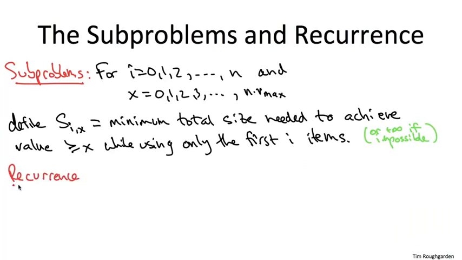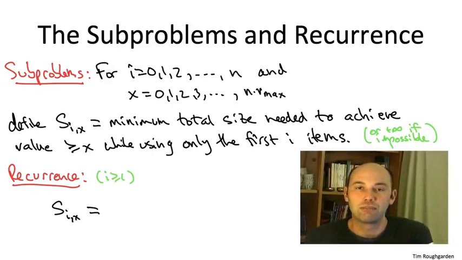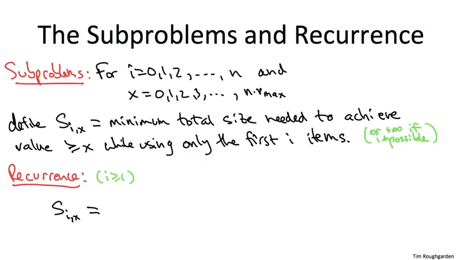Let's assume here that I is at least 1. So the structure here is going to be exactly the same as it was in our first dynamic programming algorithm for the knapsack problem. Specifically, let's focus on a subproblem, a choice of I and a choice of x. That final item I is either in this optimal solution for the subproblem or it's not. That gives us two cases, and the recurrence is just going to do brute force search over the two cases.